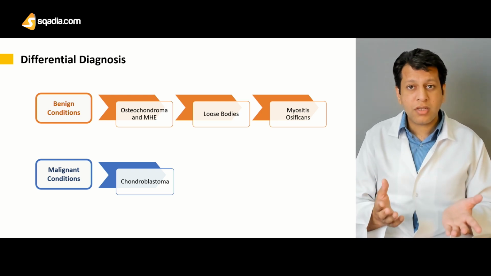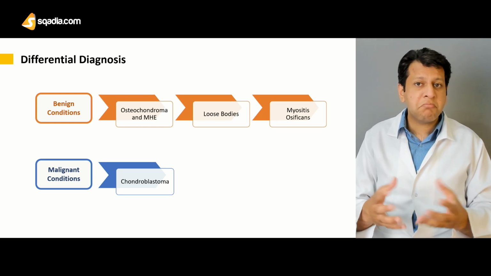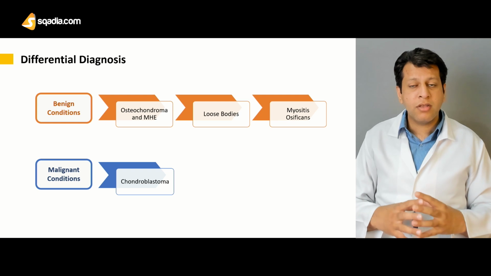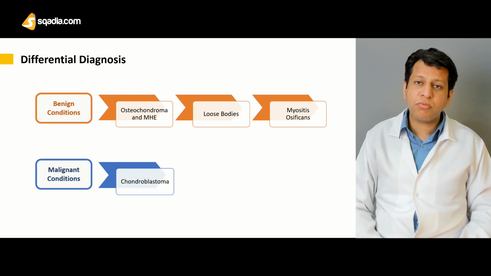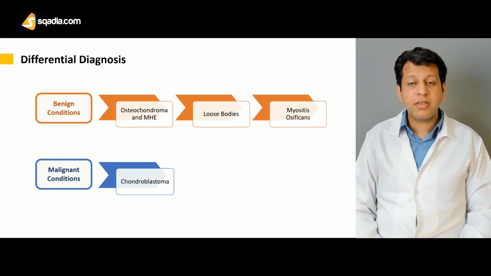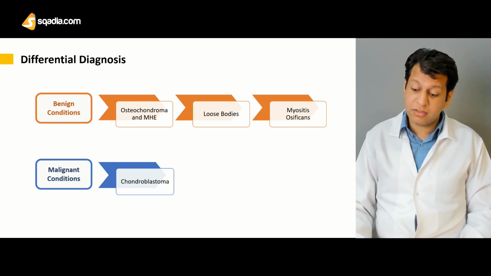There is no such thing as them being absolutely large, and sometimes there could be only one or two present as well. Therefore, you have to keep chondroblastoma in your differentials, especially if it's a child of, let's say, 10 or 12 years of age.